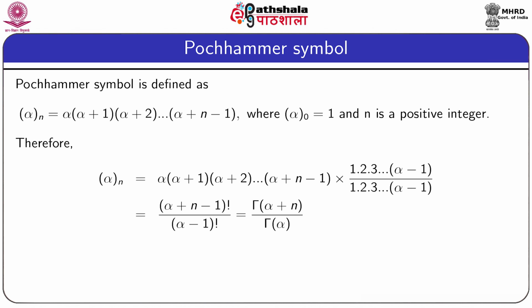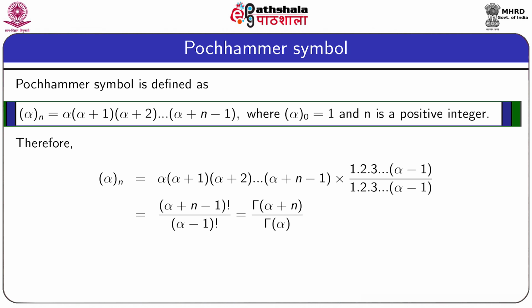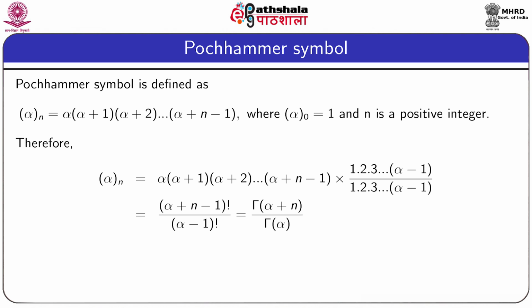Pochhammer's symbol is defined as alpha suffix n, which means alpha into alpha plus 1 into alpha plus 2 dot dot dot alpha plus n minus 1, where alpha suffix 0 is equal to 1, n being a positive integer.